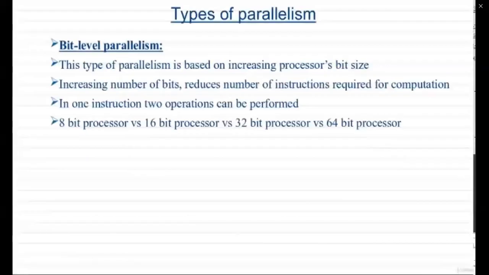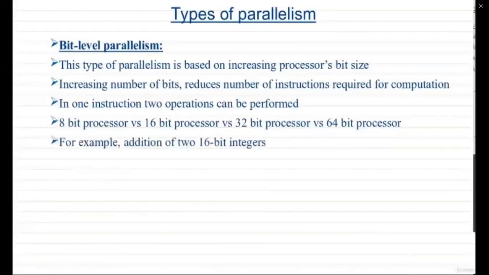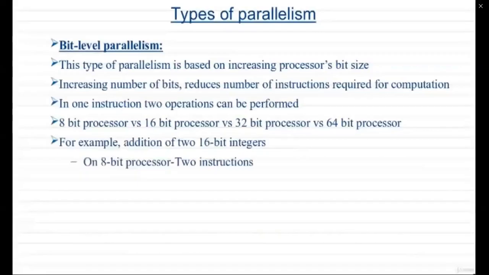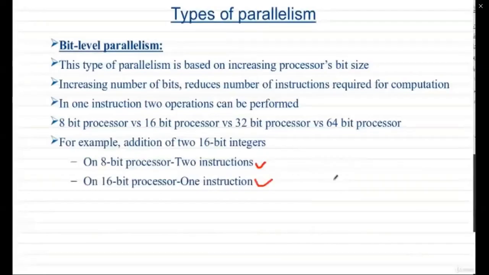For example, take the addition of two 16-bit integers. On an 8-bit processor, two instructions are required, and on a 16-bit processor, one instruction is required.